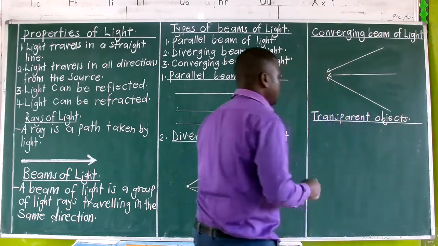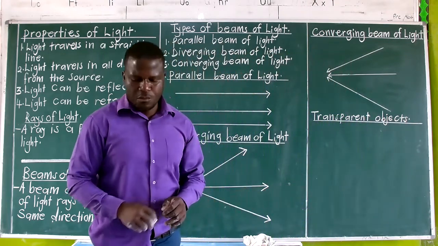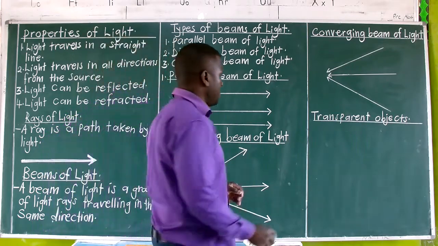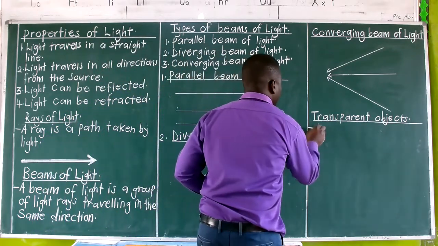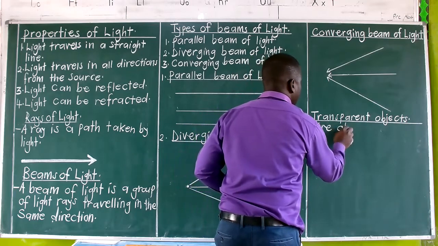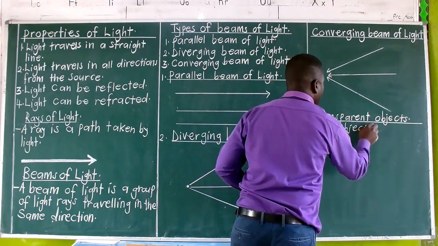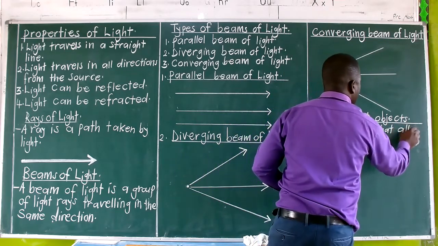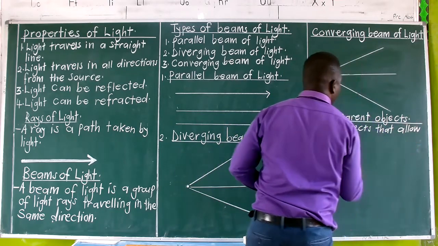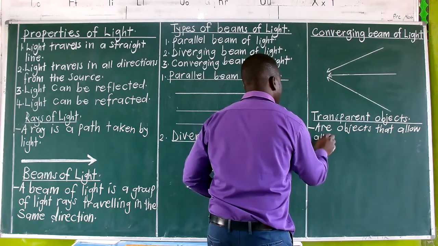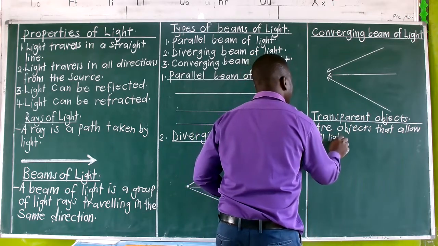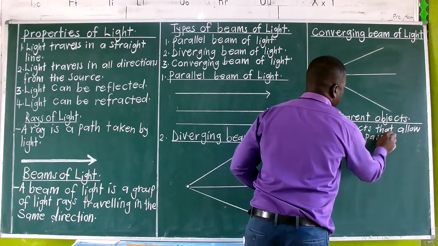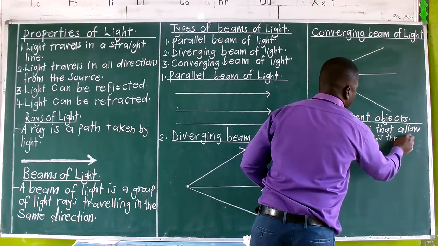Now, transparent objects are objects that allow all light to pass through them.